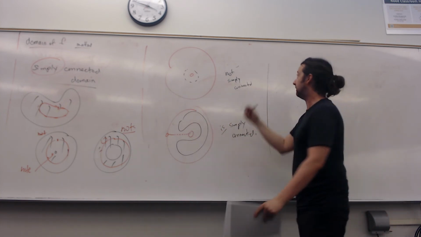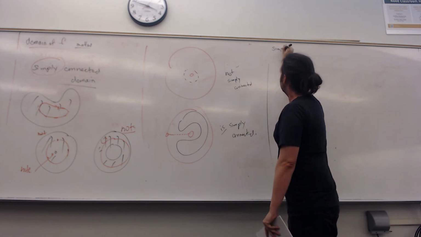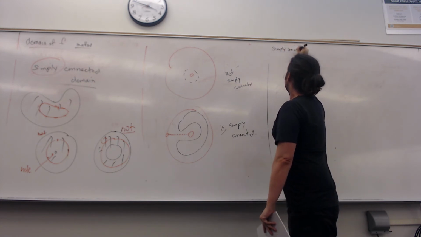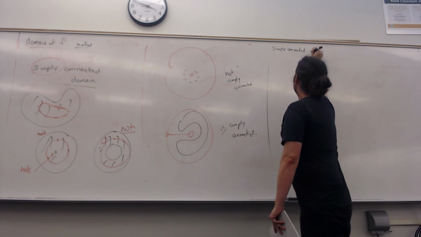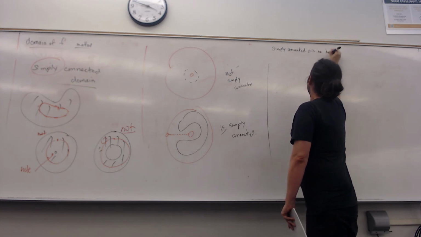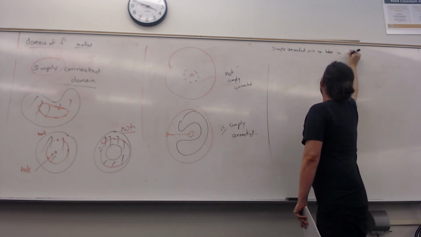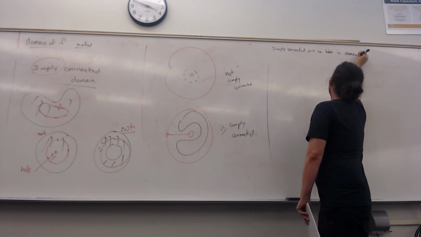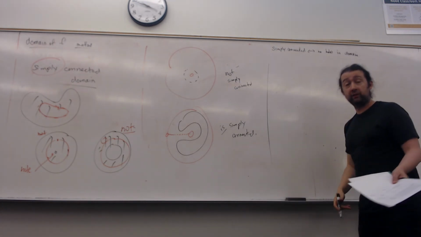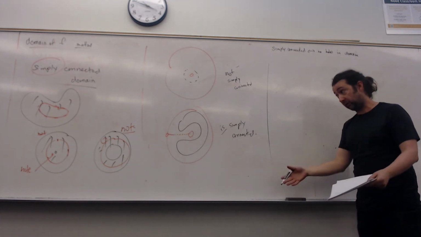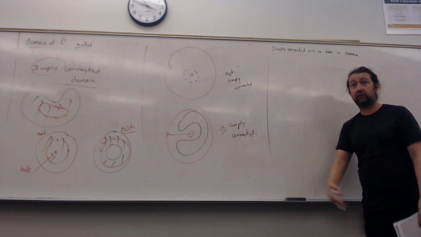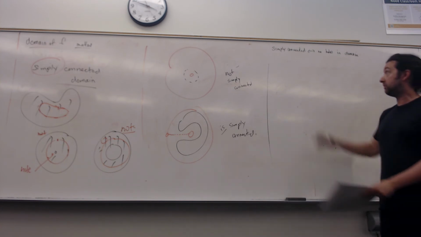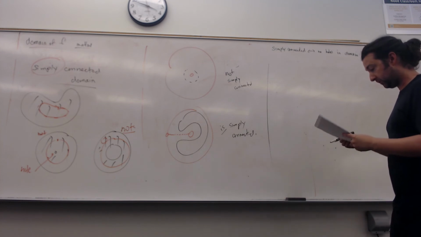So that's the intuitive way of thinking: simply connected means no holes in the domain. And we're going to actually be using the idea of taking domains with holes and taking the domains apart to make them simply connected as we study contour integration. So it matters that we're starting with simply connected.